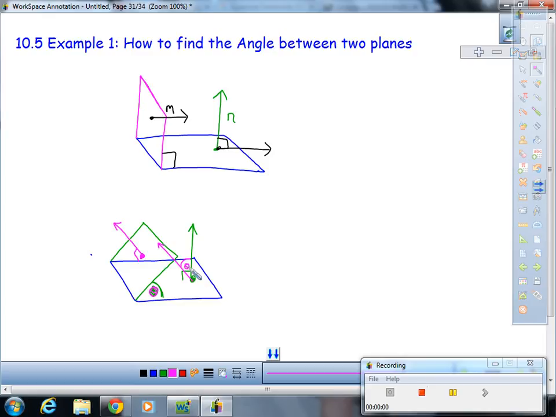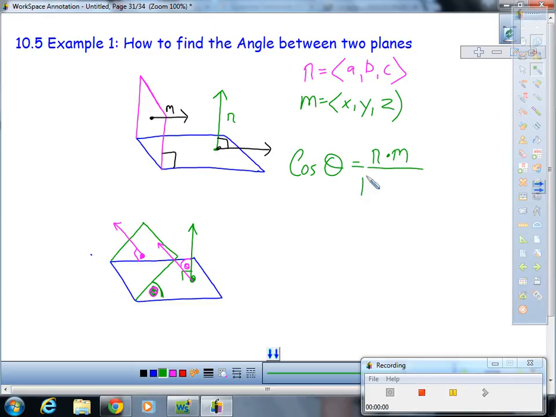So, if we have a plane defined by n, and let's say that n is the direction vector of the plane, the direction of the vector that's orthogonal to the plane, and if m is also a vector, then to find the angle between the planes, we would just say cosine theta is equal to n dot m divided by the magnitude of n times the magnitude of m.